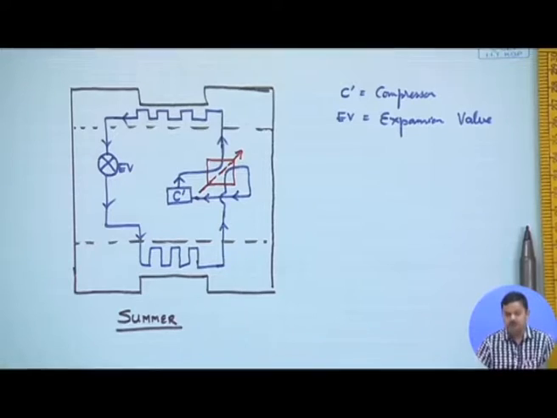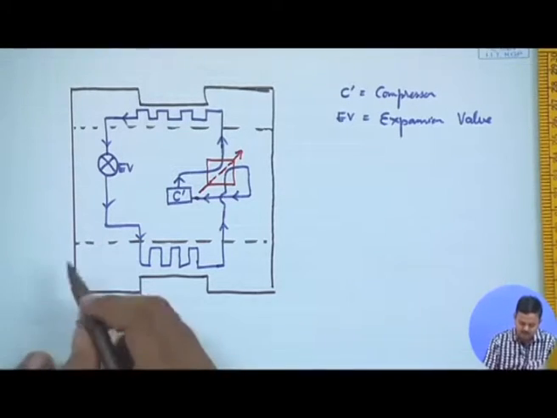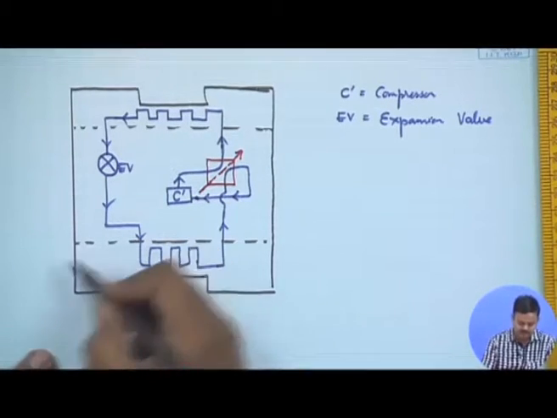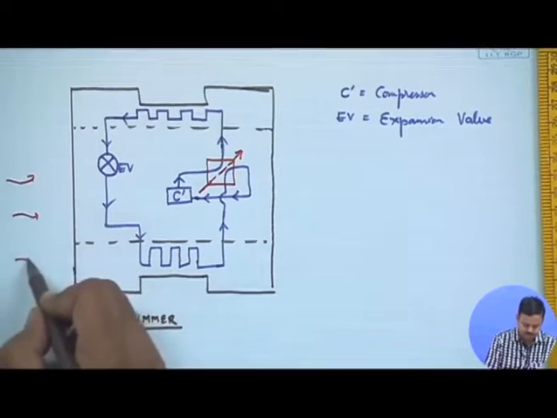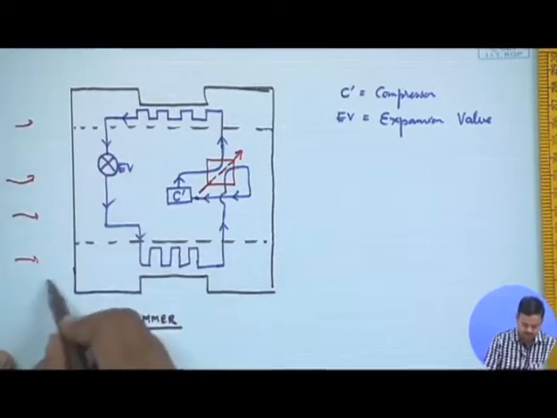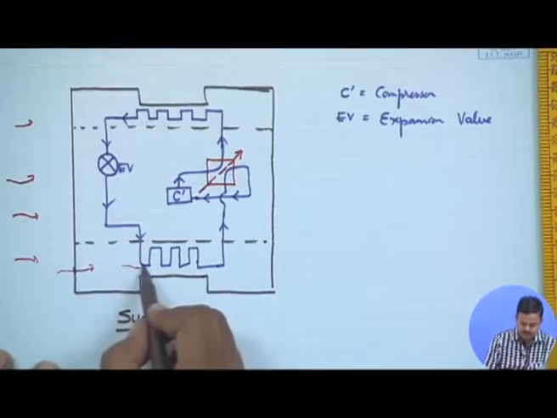So therefore, what happens? What do I have in summer months? I have ambient air. So ambient air is more or less at an elevated temperature. So this is my ambient air coming over here, and then I will let it pass through over here.